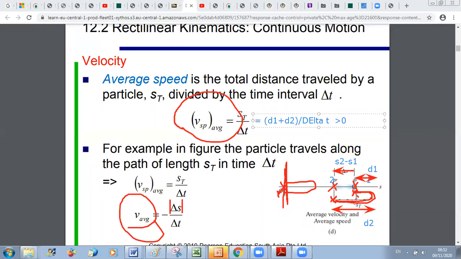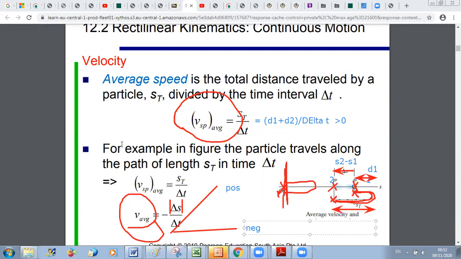Not like the displacement, the average velocity can be positive or negative, as we said, depending on the direction of motion. Okay, if I'm going to the right or to the left, this will affect the sign of the average. However, the speed is always positive because it considers the total distance, which is a positive number, over the time.